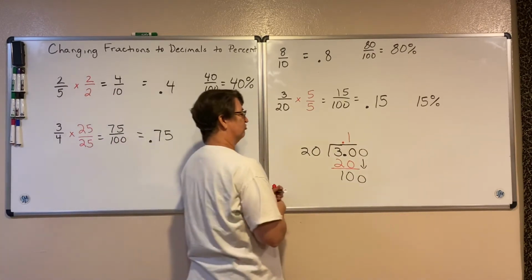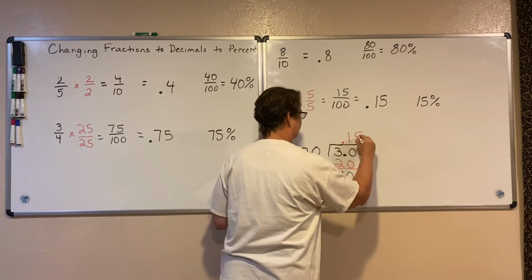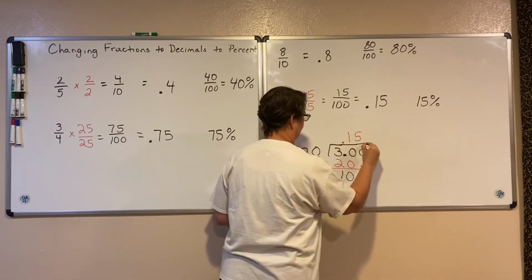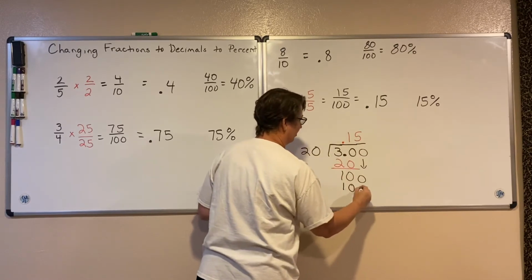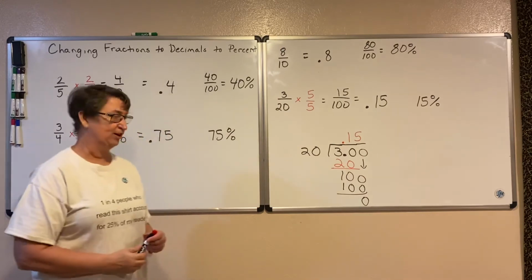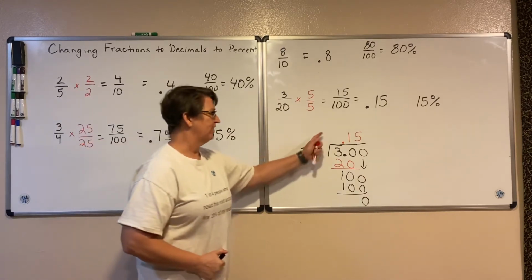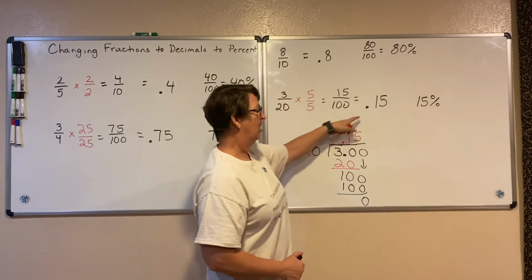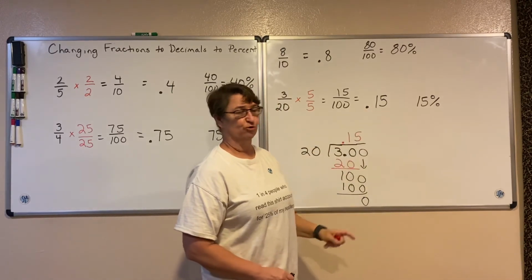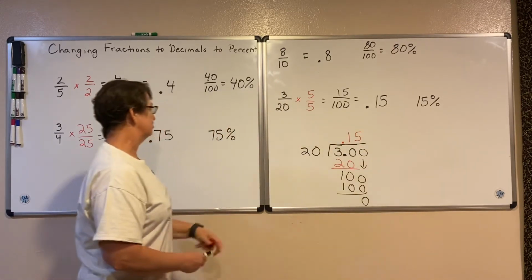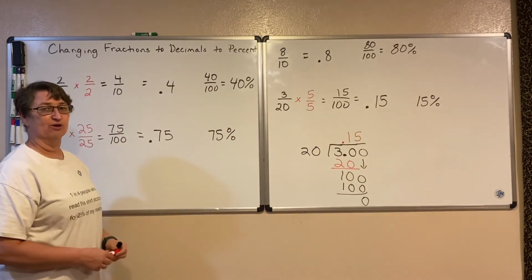Well, 20 goes into 100 5 times. So 20 times 5 is 100. I subtract and I get 0. There's no remainder there. Notice that when I did this division, the top divided by the bottom, I also got 15 hundredths or 15%. So you can just simply divide to find out that decimal.